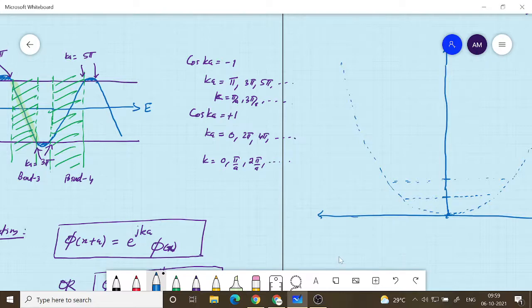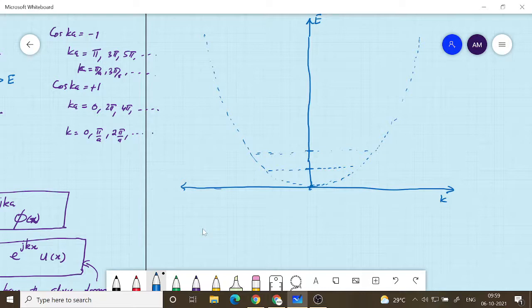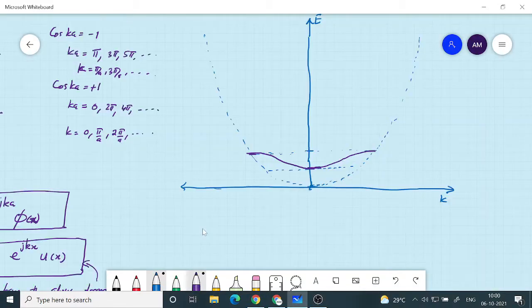So if you plot the k and E graph, the way it is going to look like is it will be flat here and it will be flat here also. Again, if you do this numerically, you will get this exactly as I draw here. This side it will be flat and then it will come like this. And then you have a gap in energy.